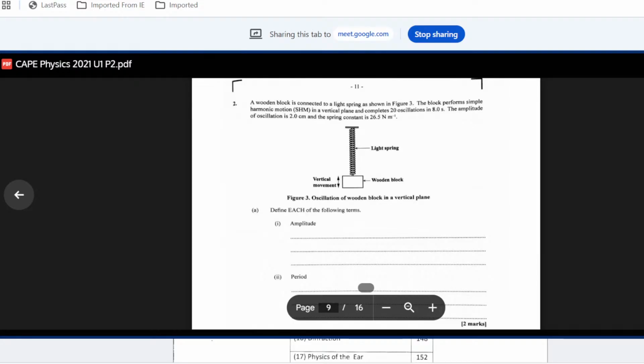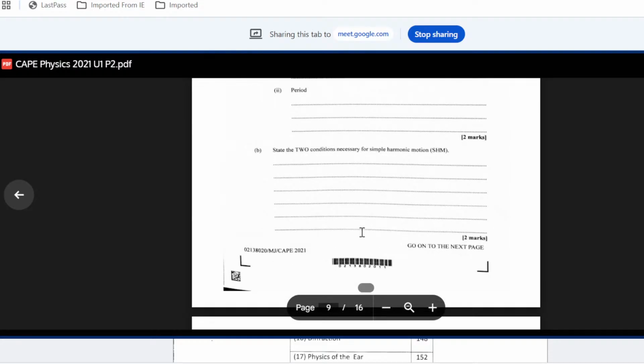So let's see. I got the mass to be 0.11 kilogram.